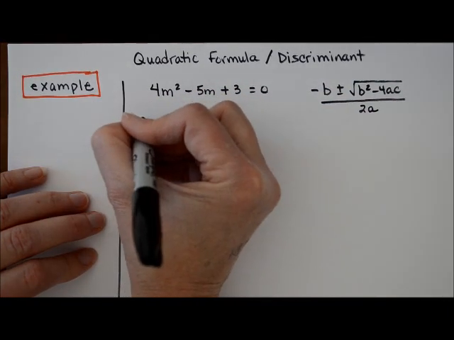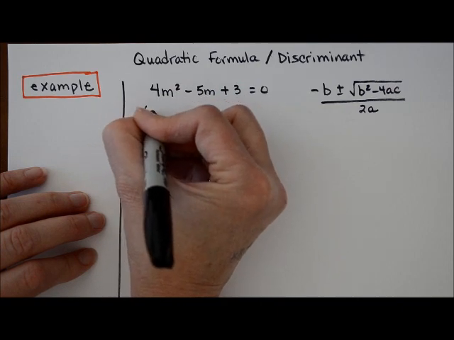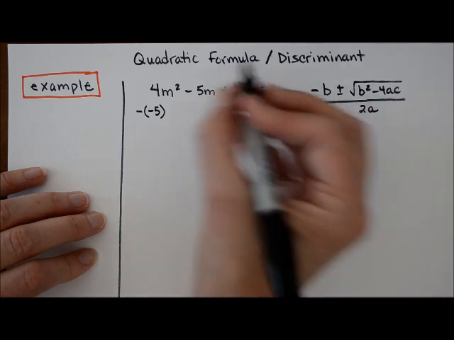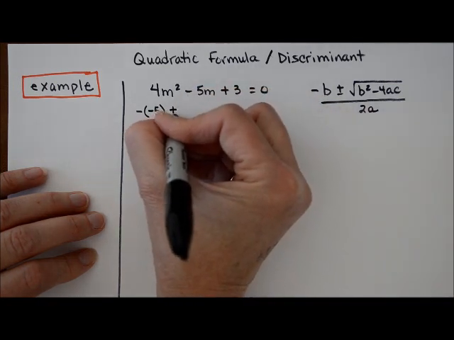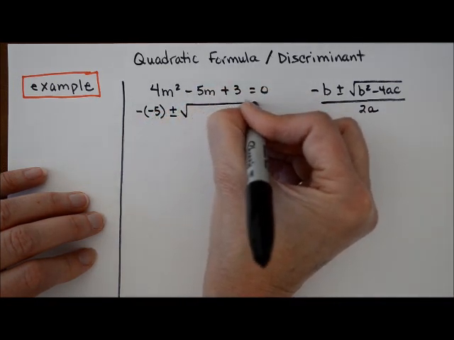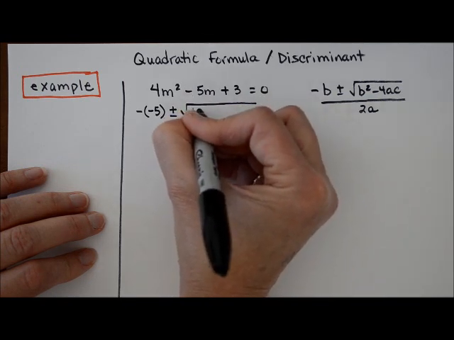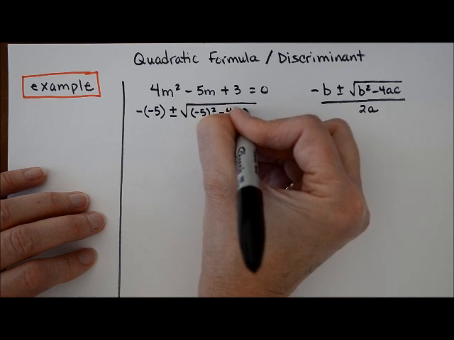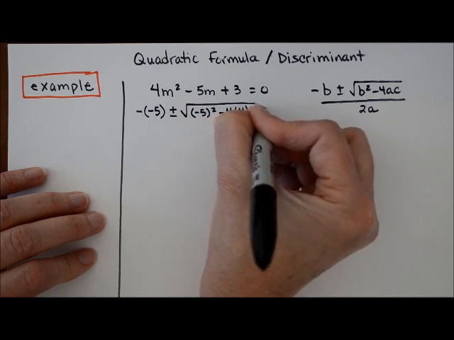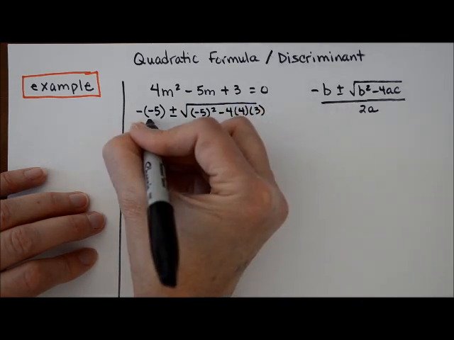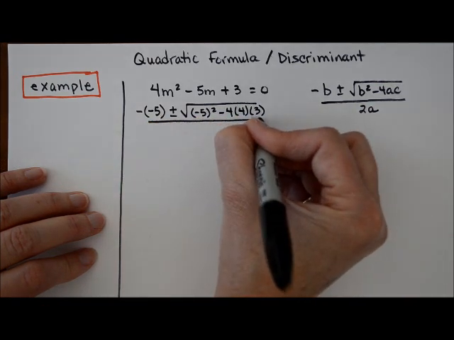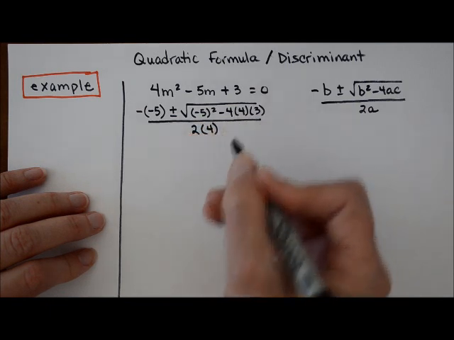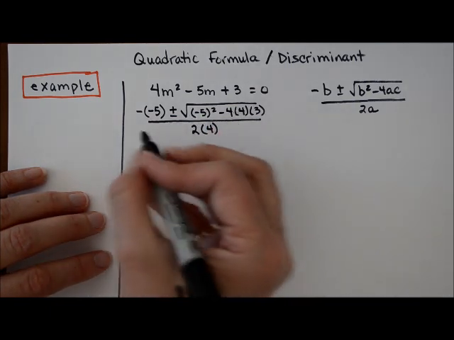So I'm going to put it in there. I have the opposite of negative 5, plus or minus the square root of negative 5 squared, minus 4 times a times c, all over 2a. Don't forget you're all over.